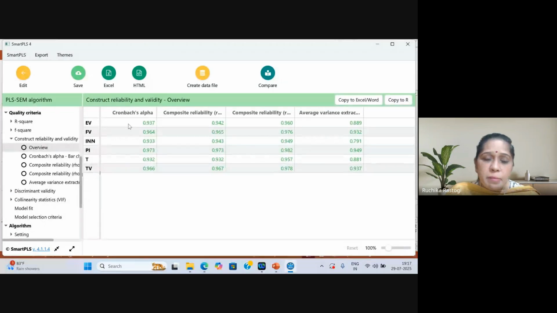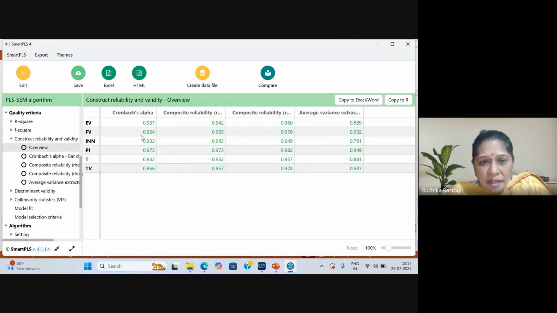I was going to tell you how this value is created. First of all, it is based upon the value of correlation, how the questions are correlated with each other. If the questions are correlated with each other, that means these questions are verifying the construct. If you see in this model, the Cronbach alpha value is very high.